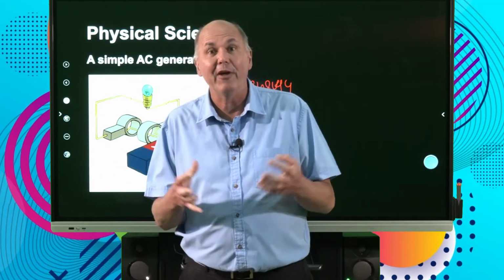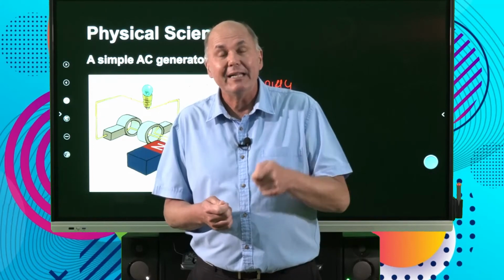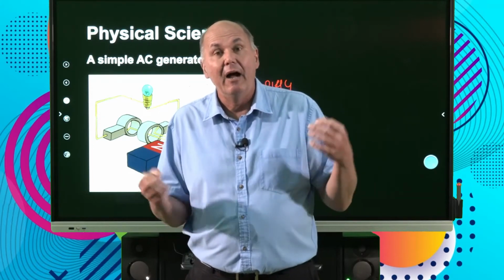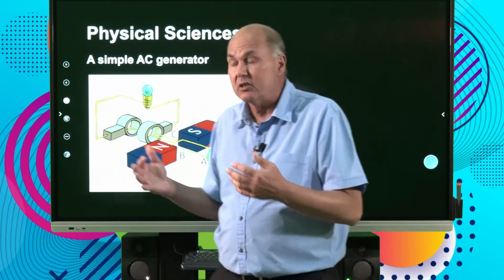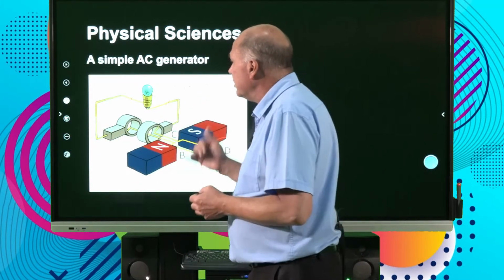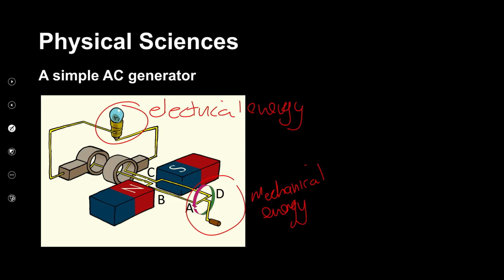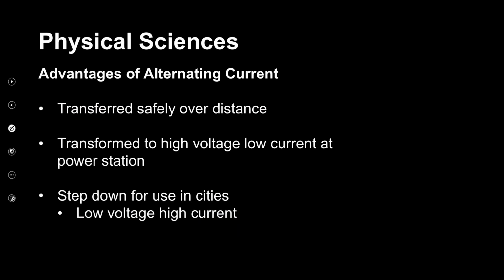I suppose we could produce direct current using a different type of generator, not an alternating generator. In fact, we can use a direct current generator. How would that be not as advantageous as this one? Well, the advantage to the alternating current generator is that it's safe to transfer electricity over a long distance.